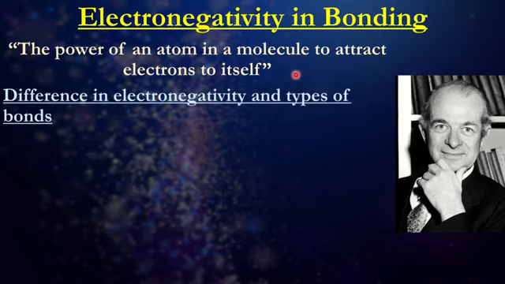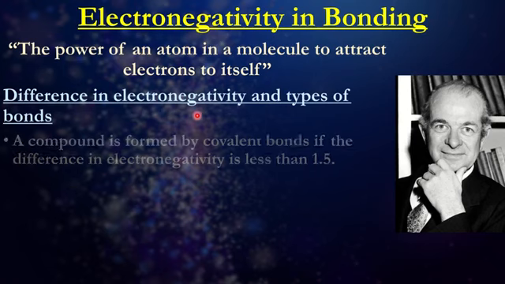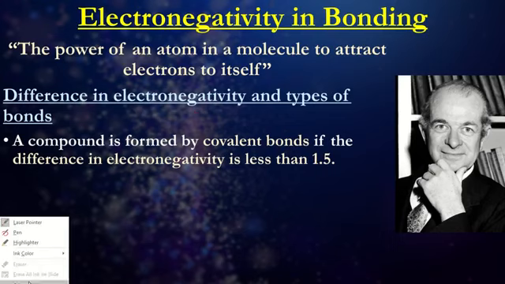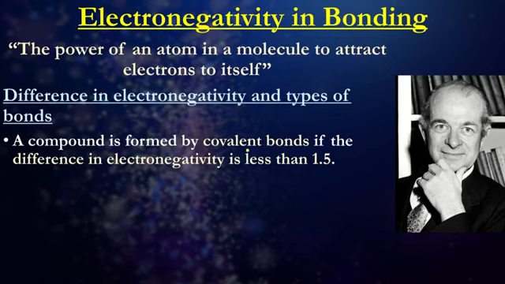Okay, so if we have two elements and we look at their difference in electronegativity, and we get a value that's less than 1.5, then we form a covalent bond.